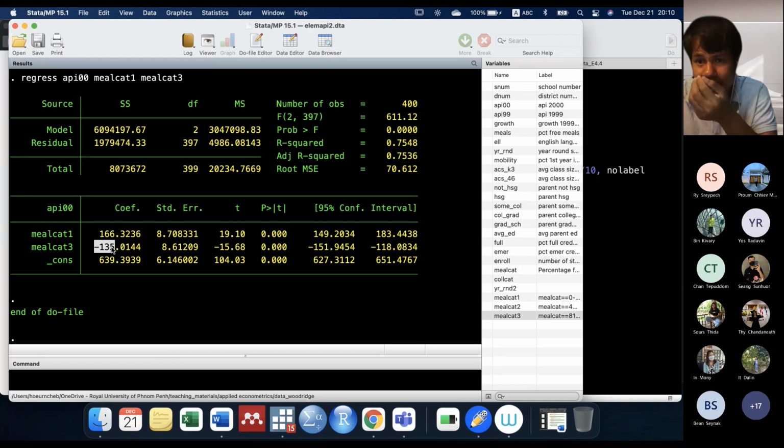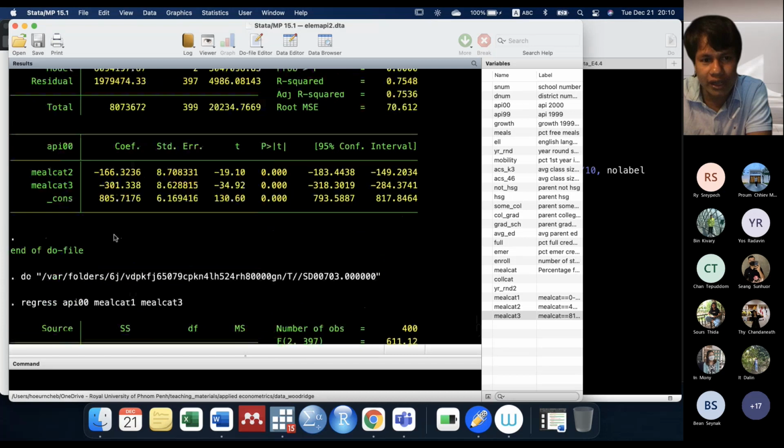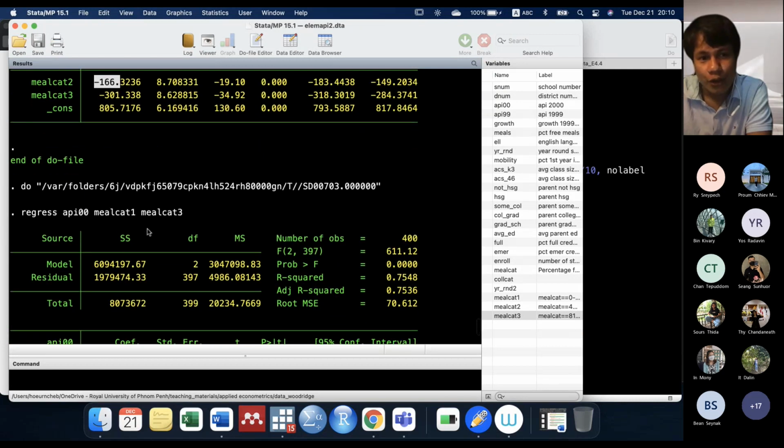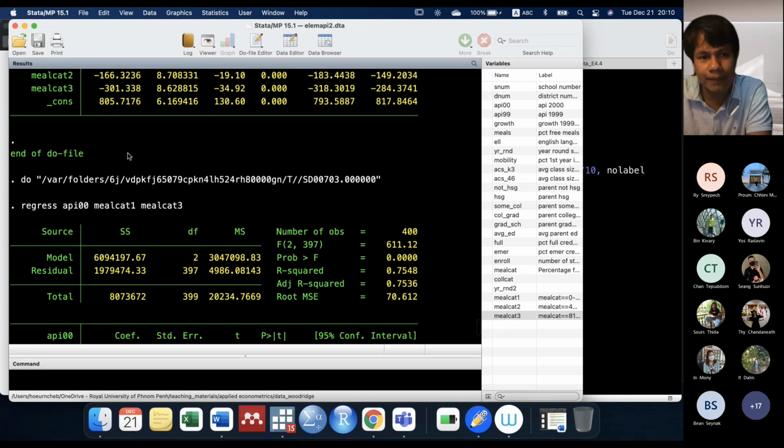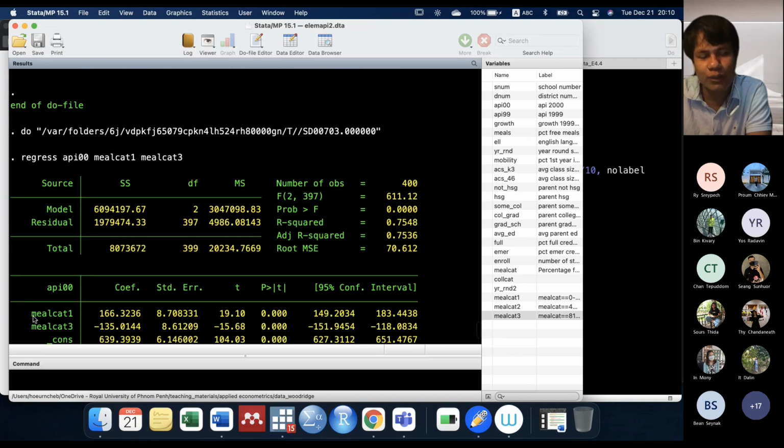If you pay attention to this coefficient, meerkat 1 compared to meerkat 2 is 166 higher. In our original equation, meerkat 2 compared to meerkat 1 was negative 166. But comparing meerkat 1 to meerkat 2, it is positive 166. So it will adjust based on your base category.